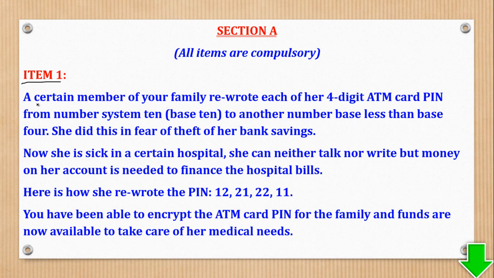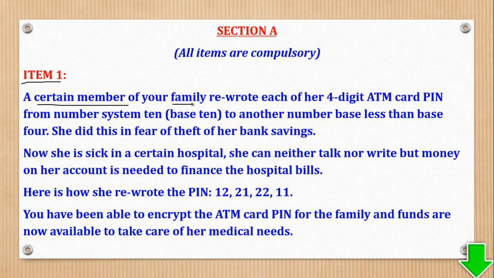So item 1 says, a certain member of your family. What I want you to remember about new curriculum question items is that they are wordy. So you need to be keen, read the words and get meaning out of them before you start to attempt.